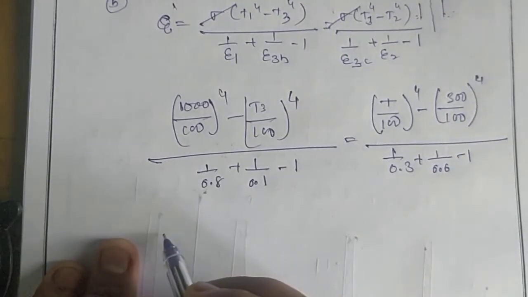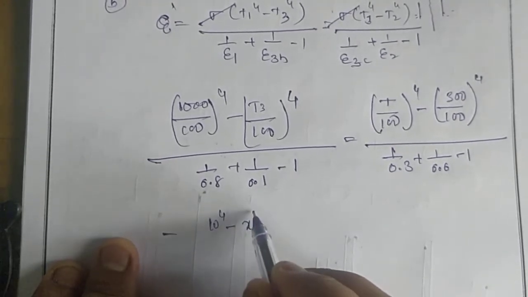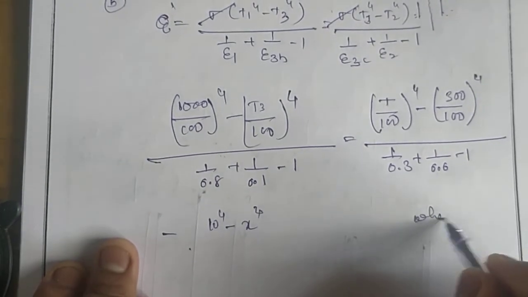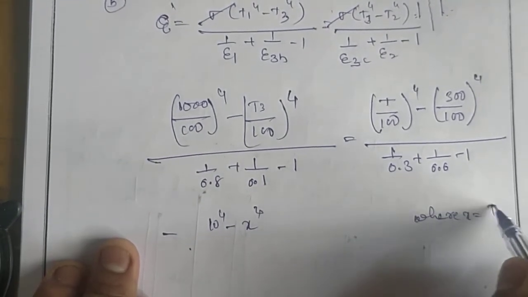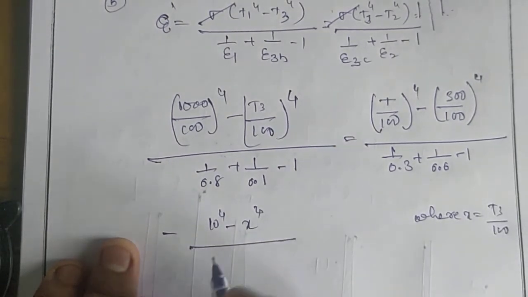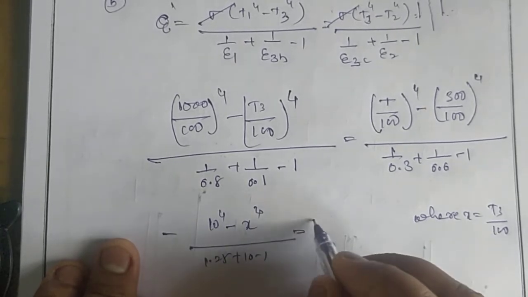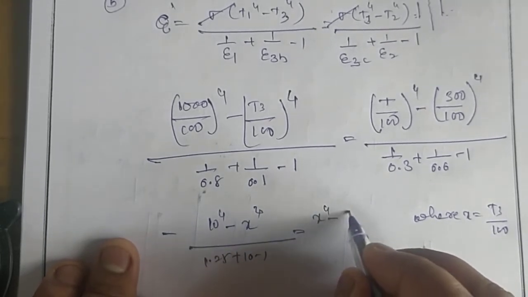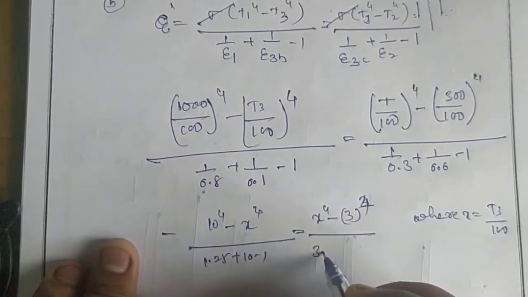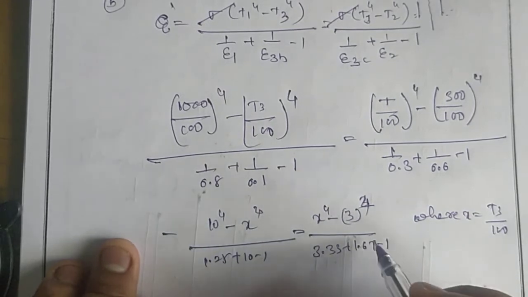Now we take x equal to T3 by 100 and simplify. The left denominator is 1.25 plus 10 minus 1, and the right denominator is 3.33 plus 1.67 minus 1.